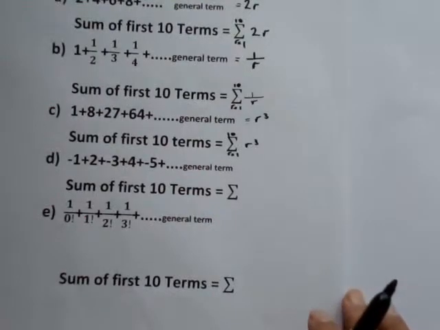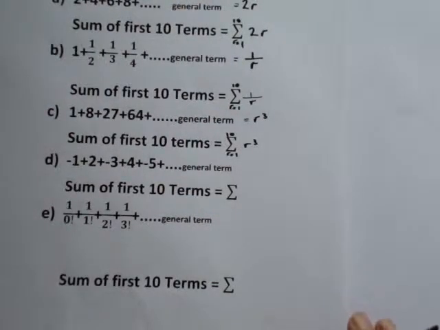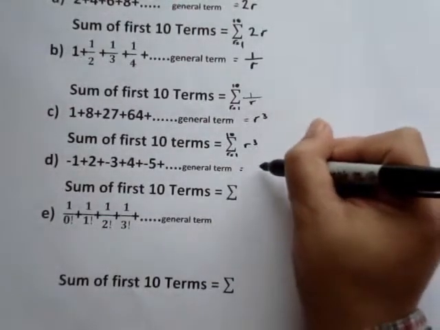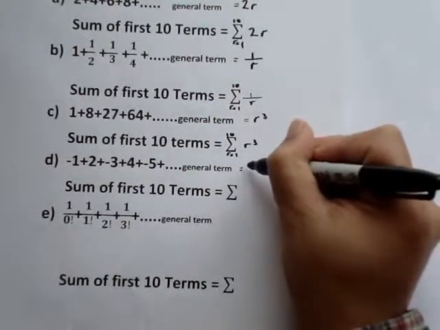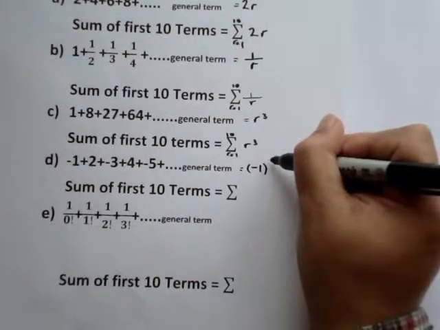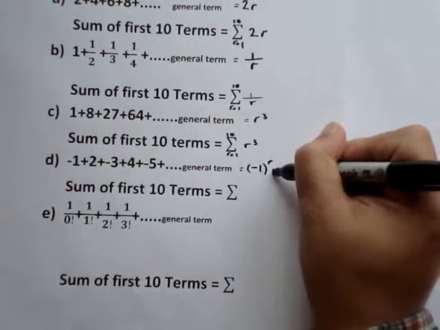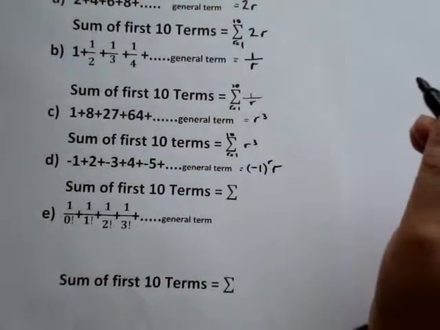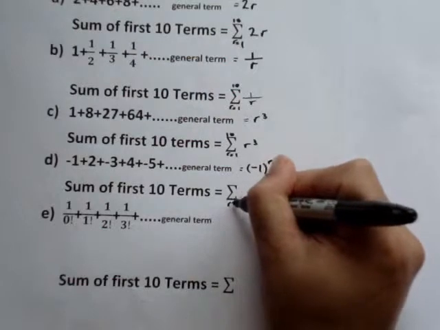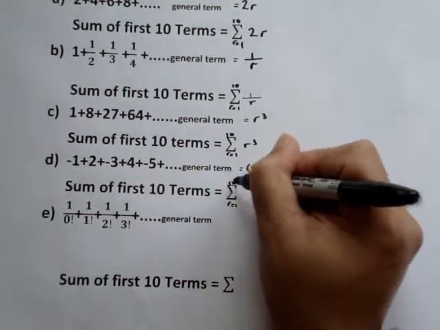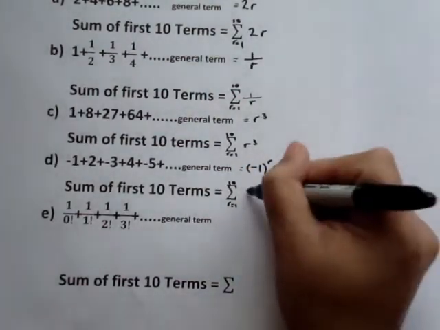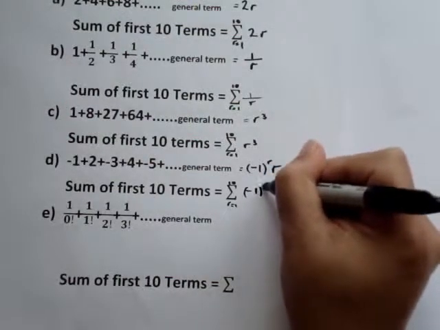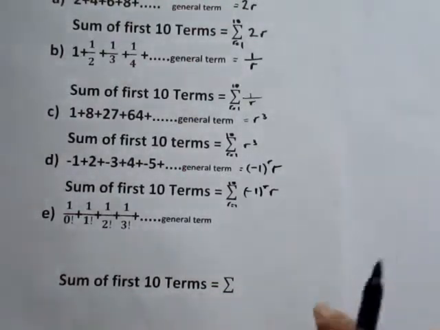So we've got a negative 1 somewhere in the general term. So the general term is minus 1 to the power r. So the sum of the first 10 terms then becomes from r equals 1 to 10 of minus 1 to the power r.